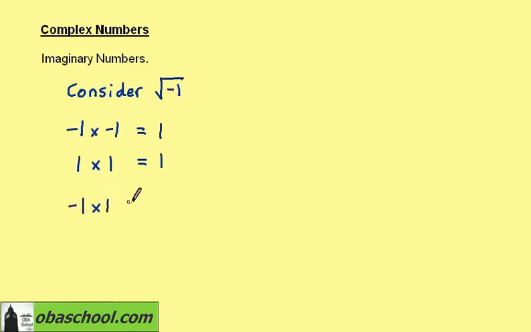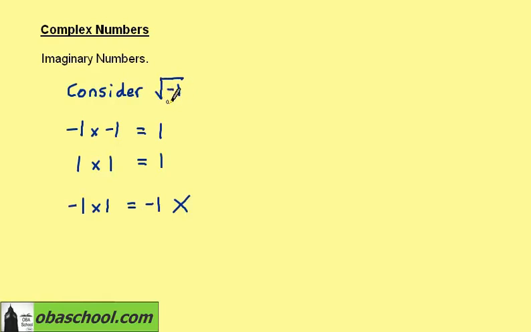We could do -1 times 1, which gives us -1, but then these two numbers are different, and the definition of a square root says that it's a number which multiplied by itself gives the number we're interested in. -1 and 1 are different numbers. So clearly we can't find two numbers which are the same, which multiply to give us -1.